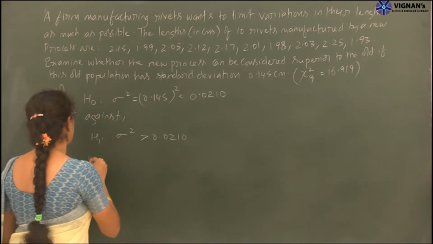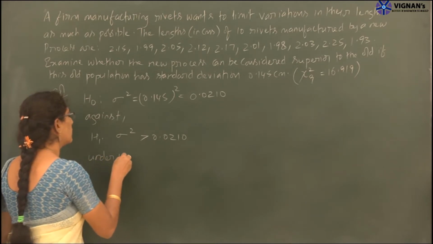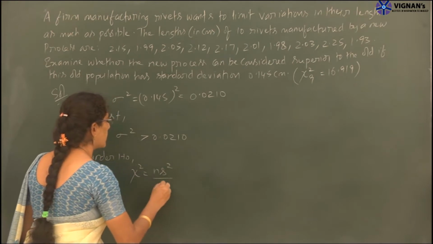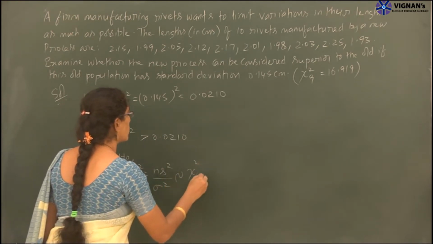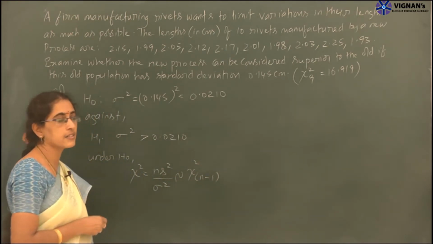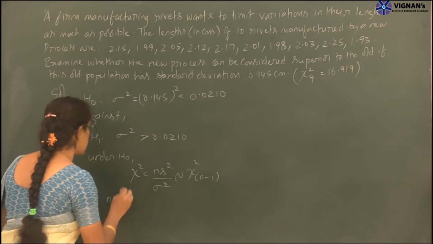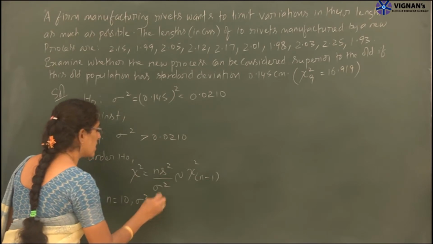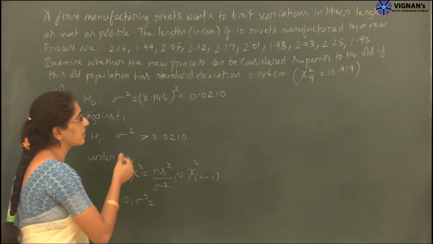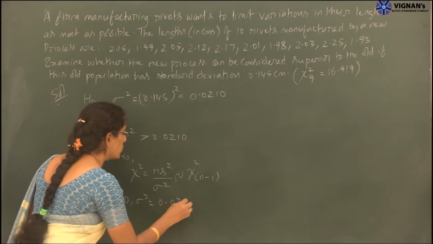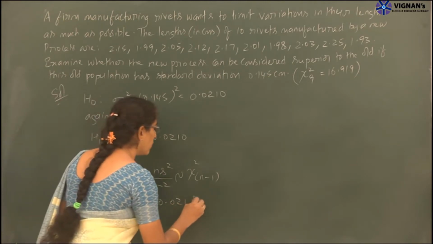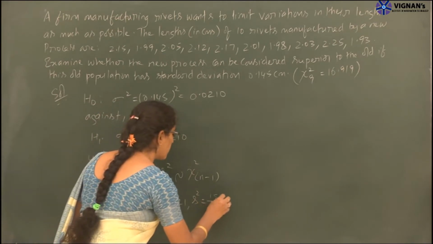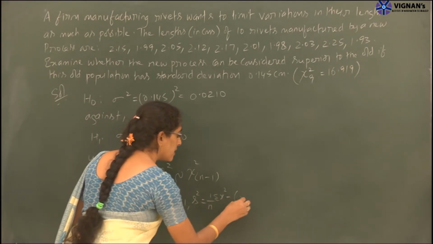Then under the null hypothesis, the test statistic is given as n into small s square by sigma square, which follows chi-square with n minus 1 degrees. Here n, the sample size, is 10, and sigma square, which we just obtained, is 0.0210. Now we know that the sample variance formula is 1 by n summation of x minus x bar whole square.